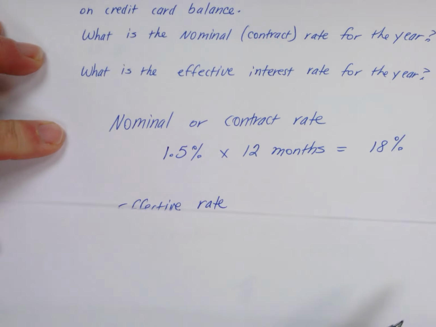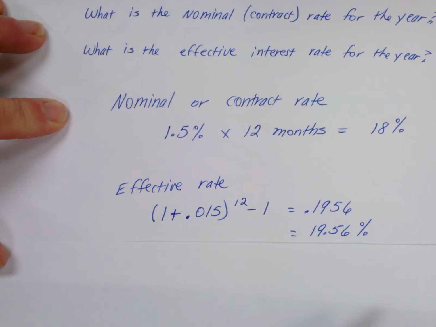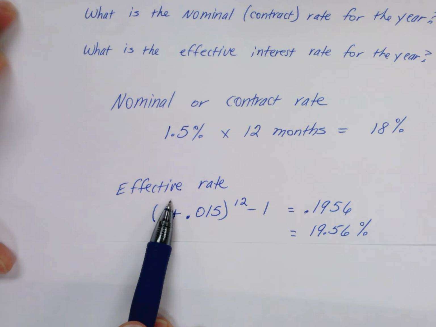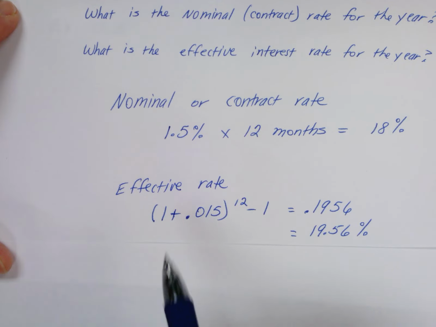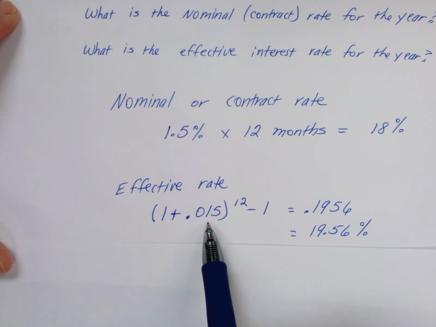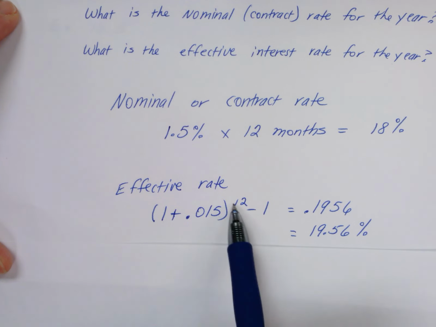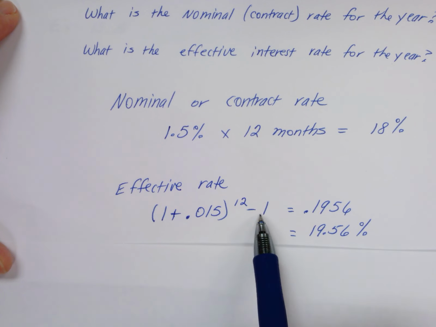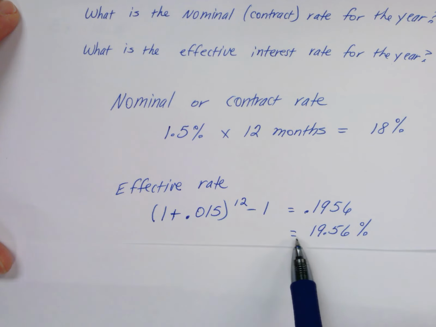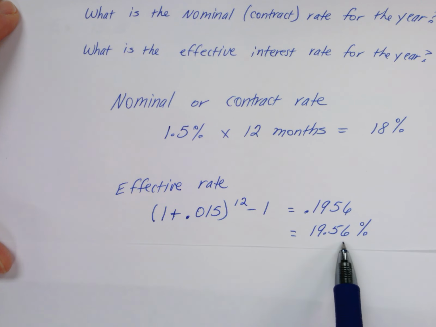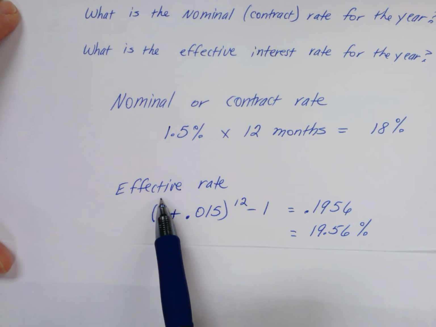The effective interest rate, however, is going to be a higher amount because effective interest rates take into account the compounding of interest every single interest period. So the effective rate using our formula is 1 plus the monthly interest rate to the exponent of 12 compounding periods in the year, and then minus 1. On your calculator you get 0.1956, which equates to 19.56% effective interest rate.